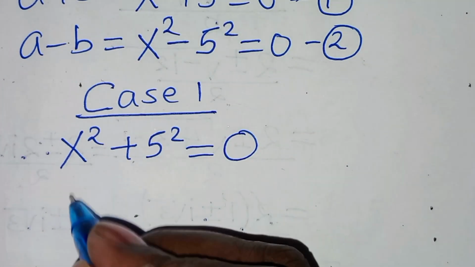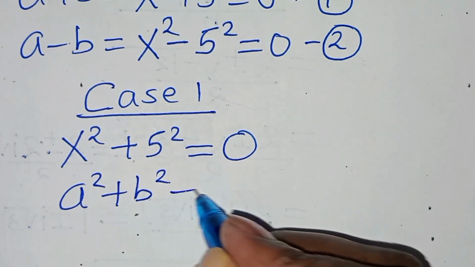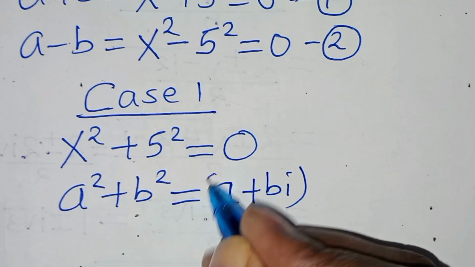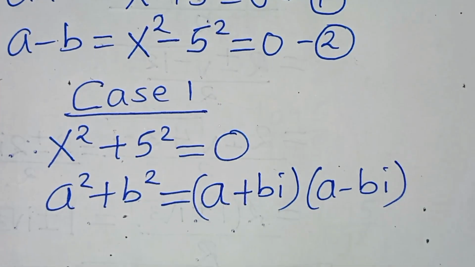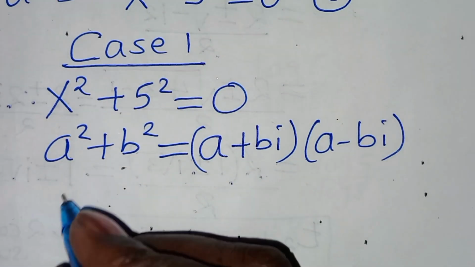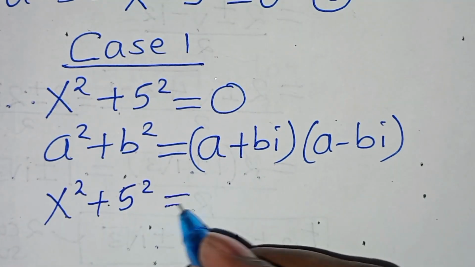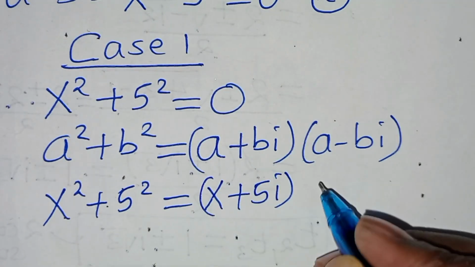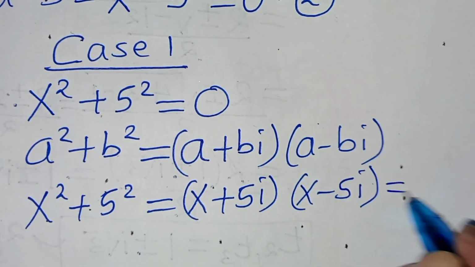Now this is actually in the form of a squared plus b squared, which we can express as a plus bi, then a minus bi. So this implies that x to the power 2 plus 5 to the power 2, we can express this as x plus 5i, and then here we have x minus 5i. So this is equal to 0.